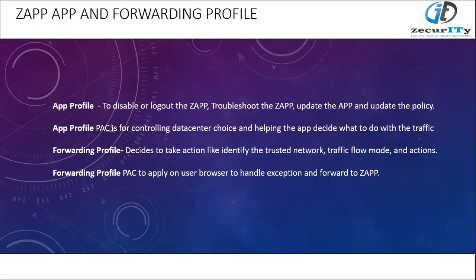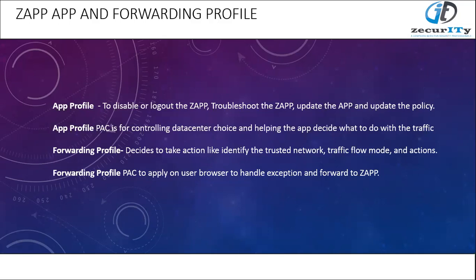So there are different profiles used in Zscaler app. One is the app profile, another one is the forwarding profile. The pack file which is used in the app profile is the app profile pack file, and the pack file which is used in the forwarding profile is the forwarding profile pack file. Now, the app profile is a location where you can configure the disable or logout instructions of the agent.